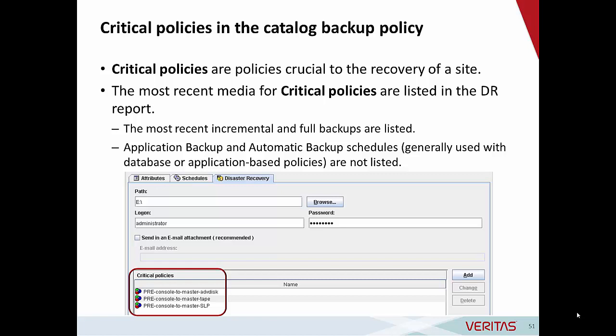So basically I'll have a list of the media I need to recover my most important servers. And so if I've got a situation where my backups are on tape, and the tapes are stored in a vault, and they have to be physically shipped from the vault to the recovery site, this lets me get a head start on the process. Here's the first batch of tapes I'm going to need, get them moving right away.